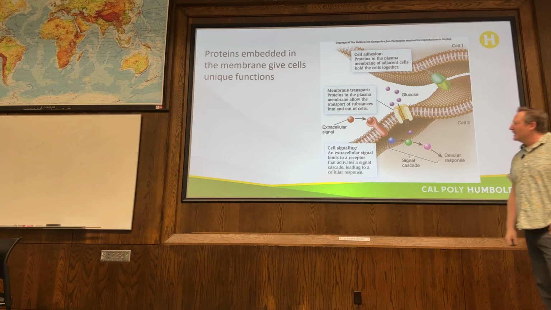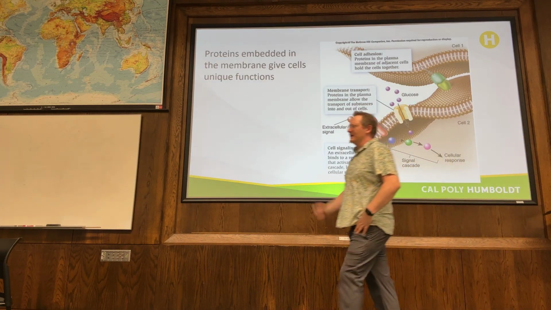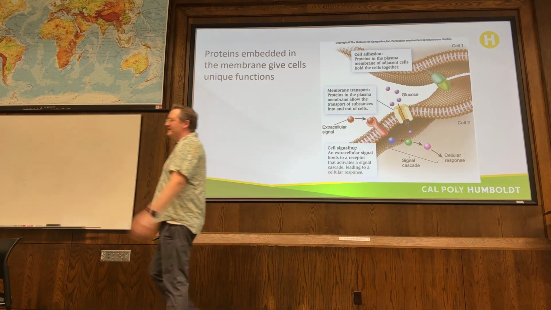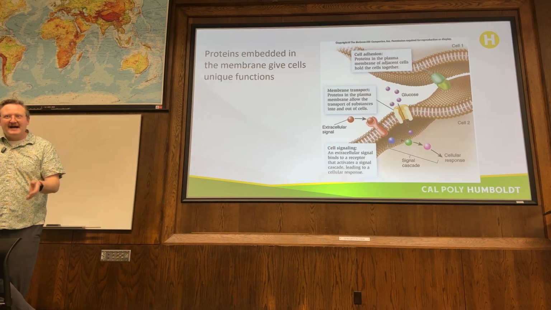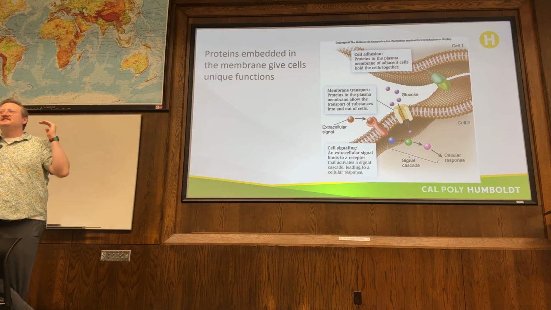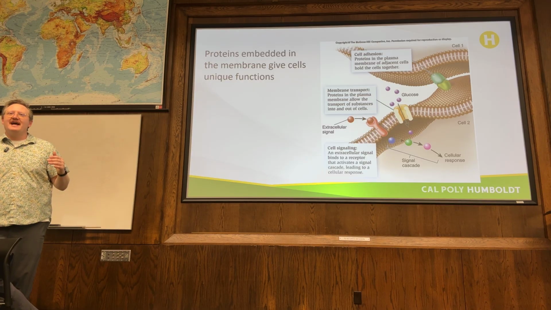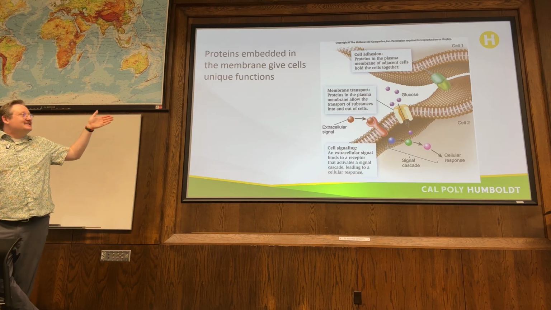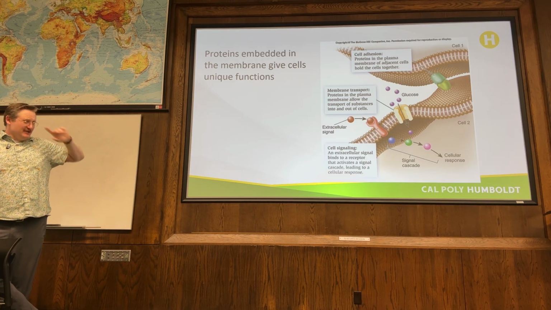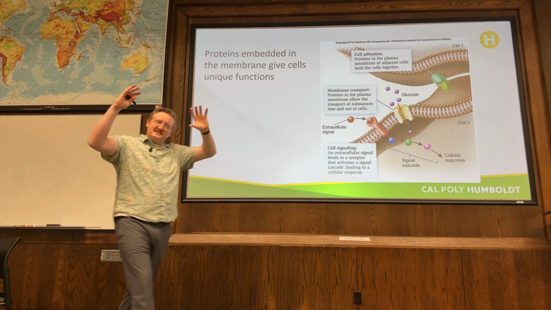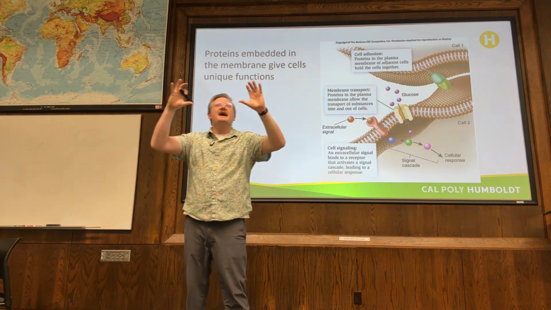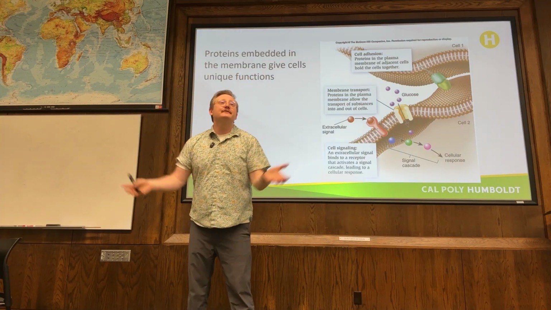Okay, we're going to talk a lot about this. The cell membrane is a phospholipid bilayer with a bunch of stuff embedded in it. By embedding different proteins, you can give cells specific functions. If all the cells have the same phospholipid bilayer structure, what makes them different?